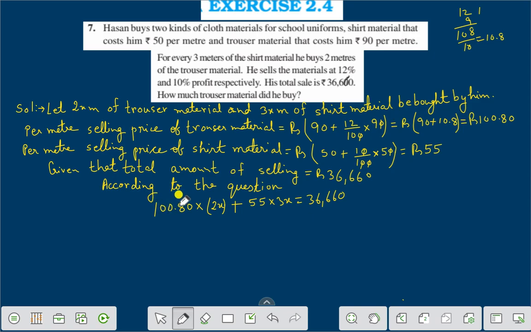If we multiply 100.80 into 2, we get 201.60.